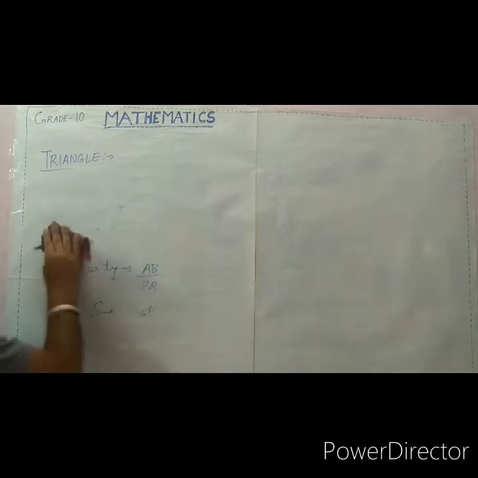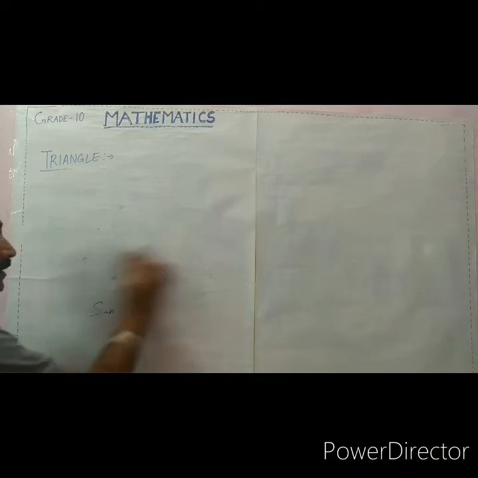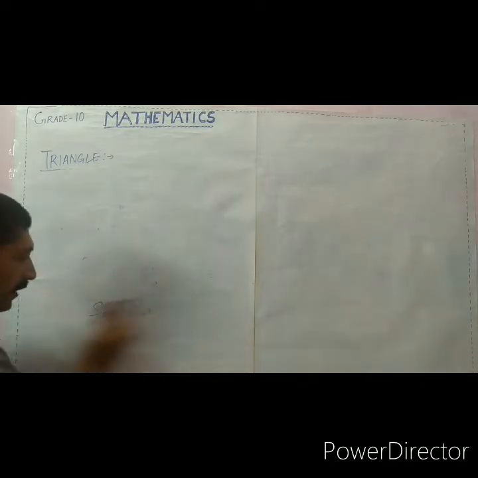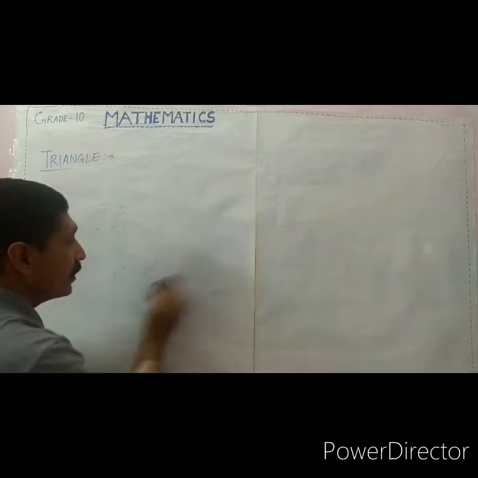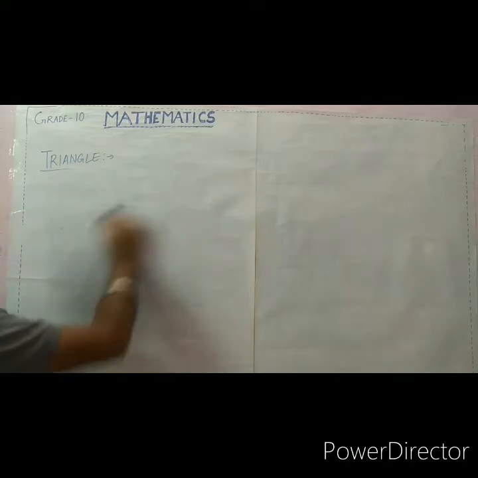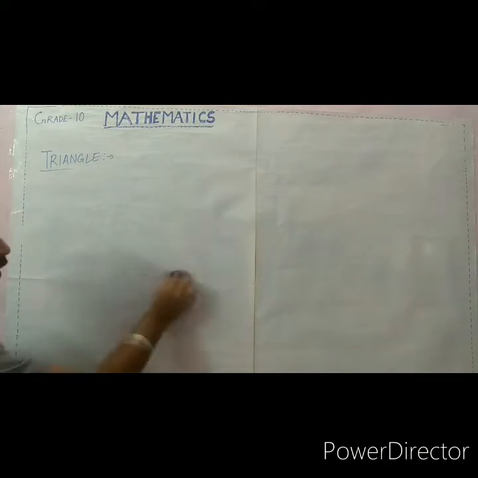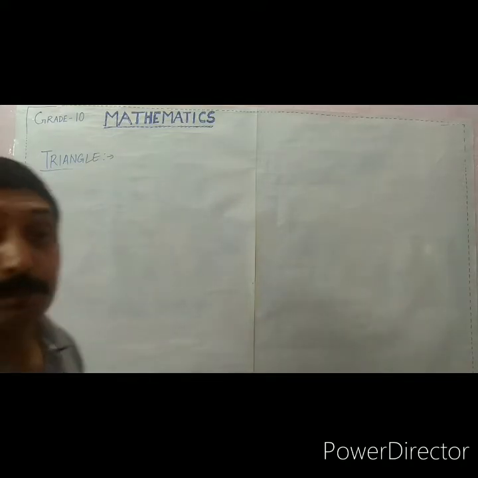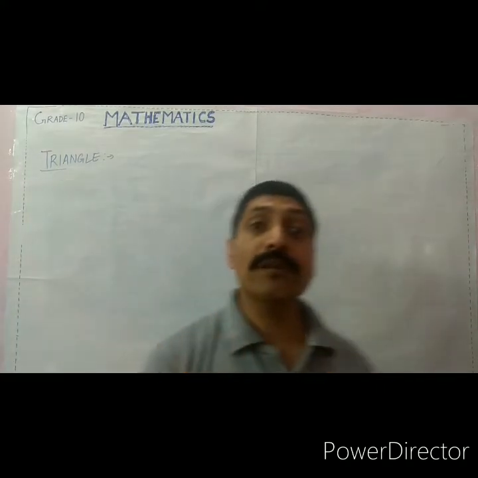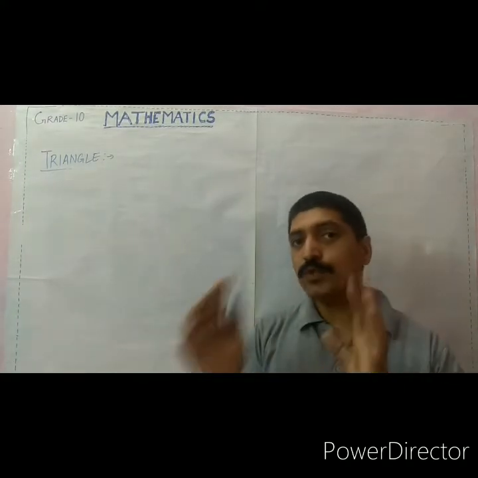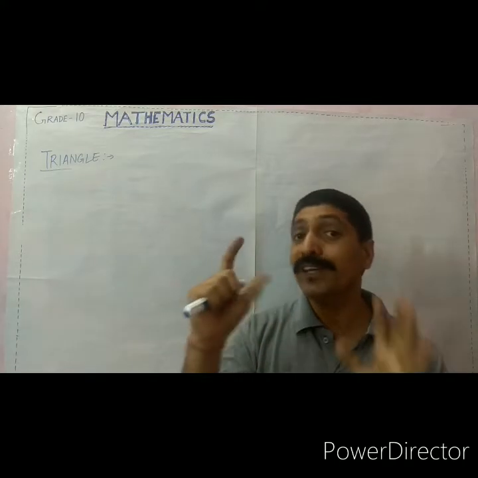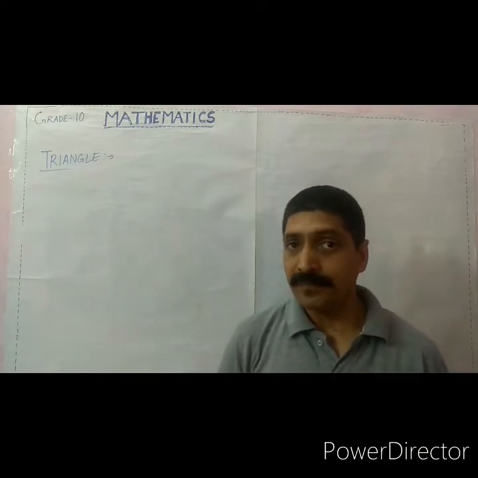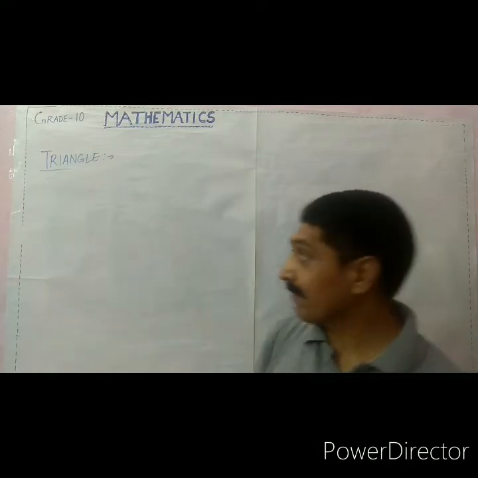He gave the property of two equiangular triangles. I am using the word equiangular, which means two triangles in which the corresponding angles are the same. So with the help of construction, I will explain.